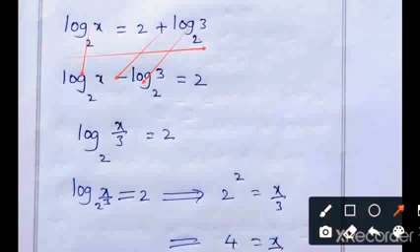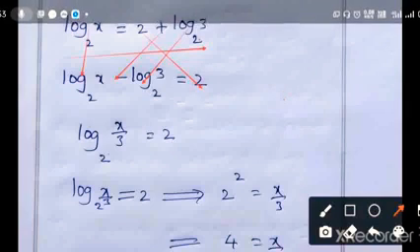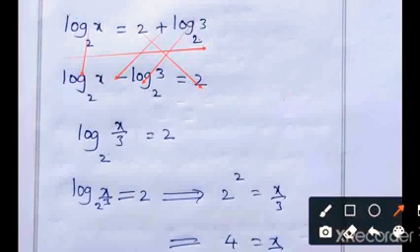I will explain later why this plus changed to minus. The 2 is the same. Here we have one formula regarding logarithms, minus: log x base 2 minus log 3 base 2 can be written in the form of log x by 3.